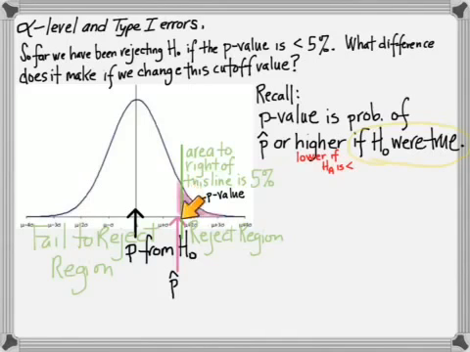So this p-hat that I drew at the beginning is in the fail to reject region. So if I compute a p-hat and it's out here, I reject. Out here, fail to reject. This is all just idea building here. You don't actually have to compute this magical value when you're doing a test.